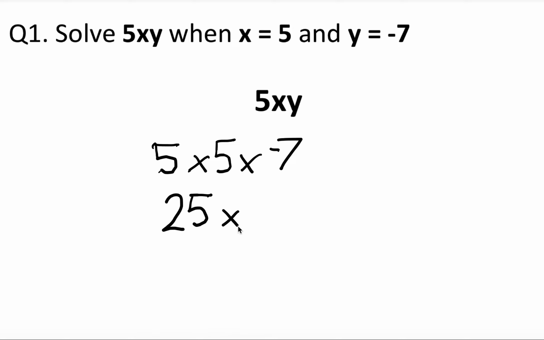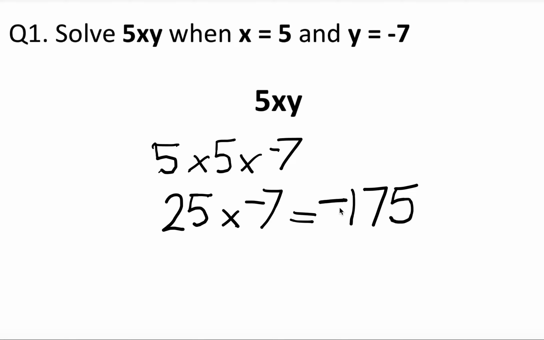And then if we multiply that by minus 7, what are we going to get? Quite a big number. It's 175. But because you're timesing a plus and a minus, what does that mean? It means it's a minus.